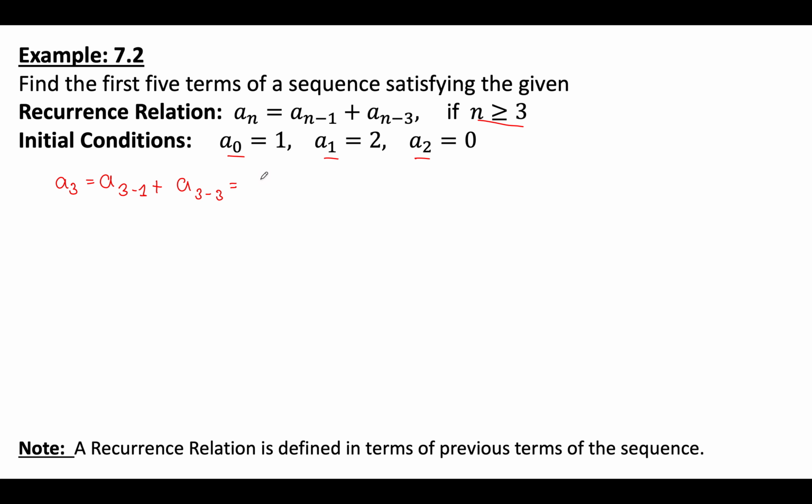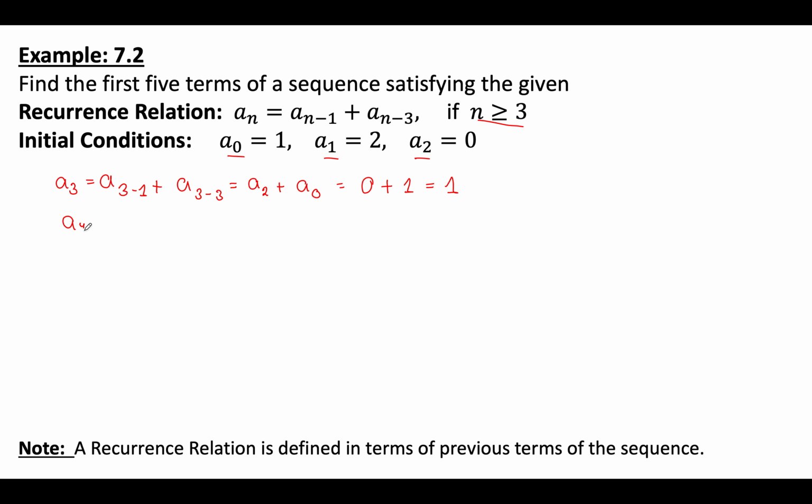So this is equal to 3 minus 1 is 2, and 3 minus 3 is 0. So now we need to substitute the values of A2 and A0. A2 is equal to 0 plus A0 is equal to 1. So here we got that A3 is equal to 1.